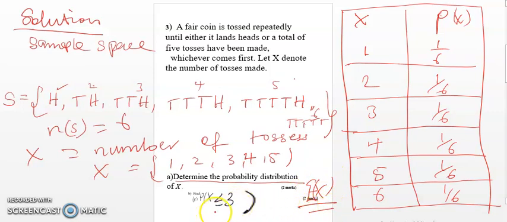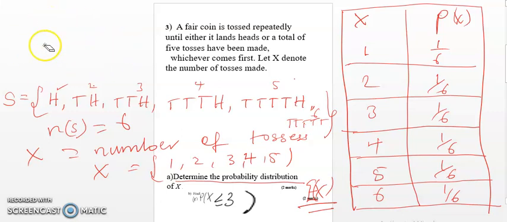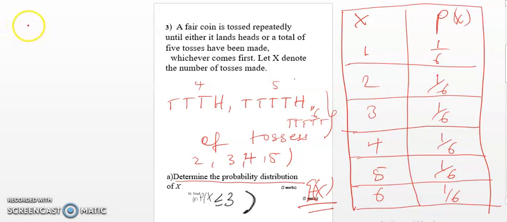So let us now look at the next question. We are to find the probability of X less than or equal to 3.